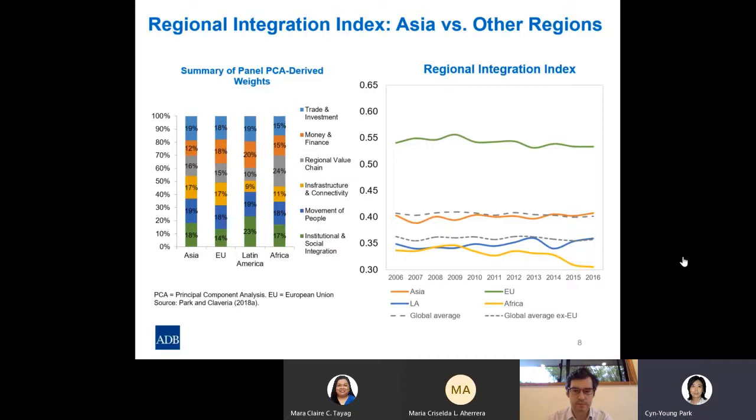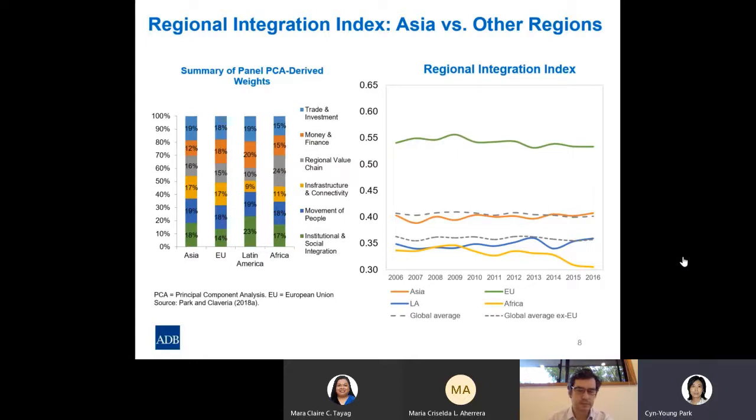This finding is also quite consistent with various other globalization or economic integration indexes, which show that more advanced economies tend to have a better degree of regional integration.